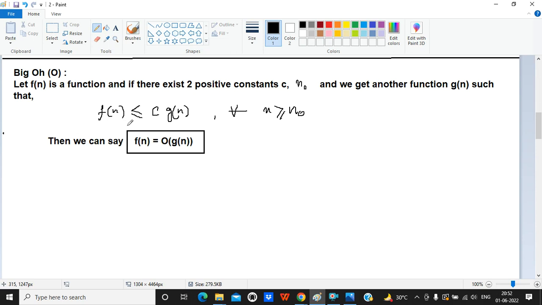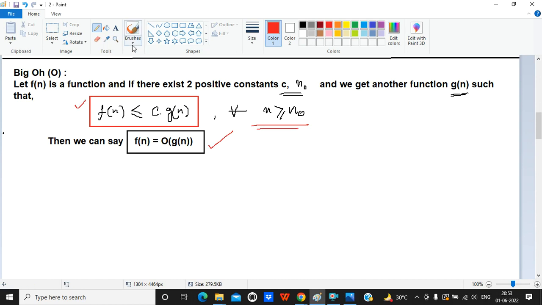Just imagine that f of n is a function, and somehow we find two positive constants c and n0, and we get another function g of n such that this inequality, this condition, is satisfied for all values, then we can say f of n is equal to big O of g of n.